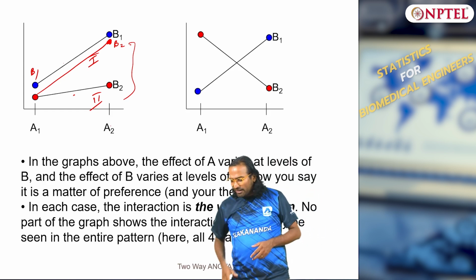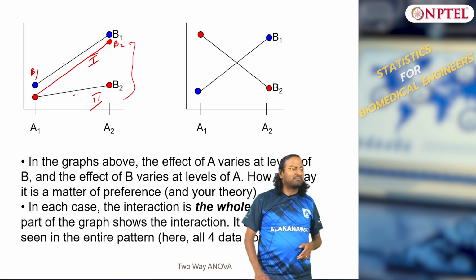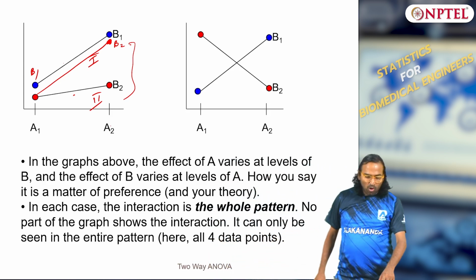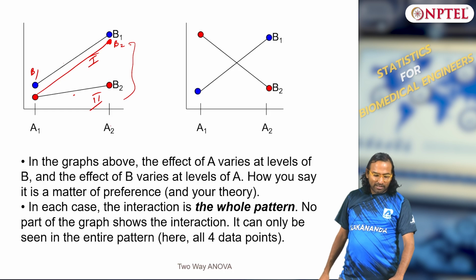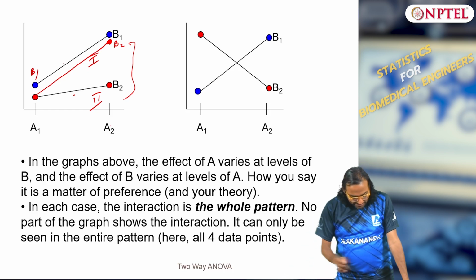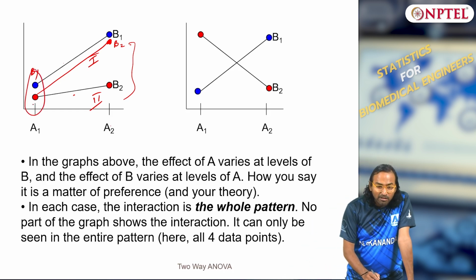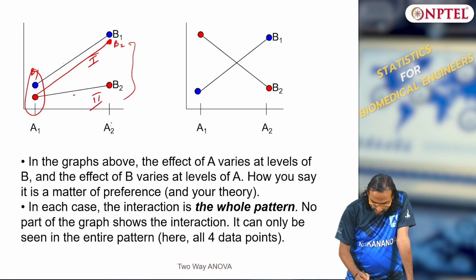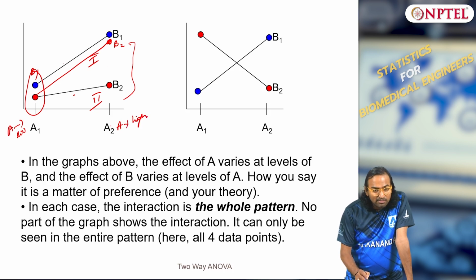How do you even think about interactions? Look at this region: there is a lower level of A1, a lower level of B1. A is at low level, B is also at low level. A is at high level, A has increased, B has also increased.